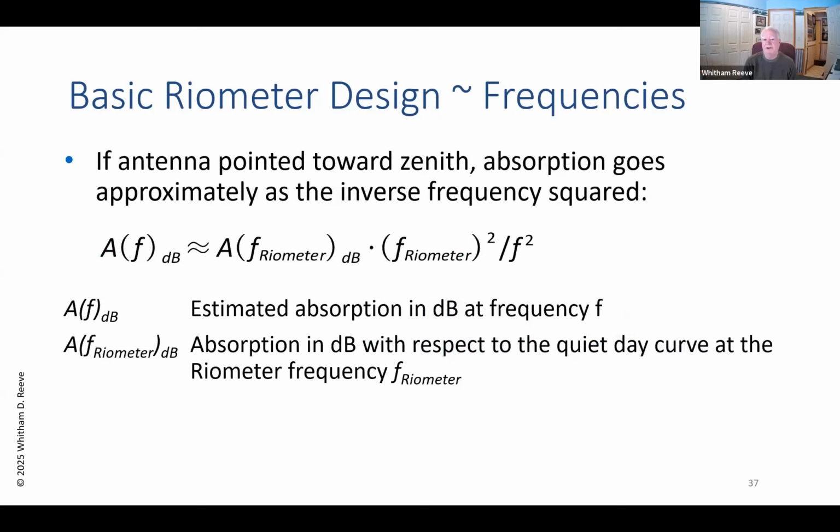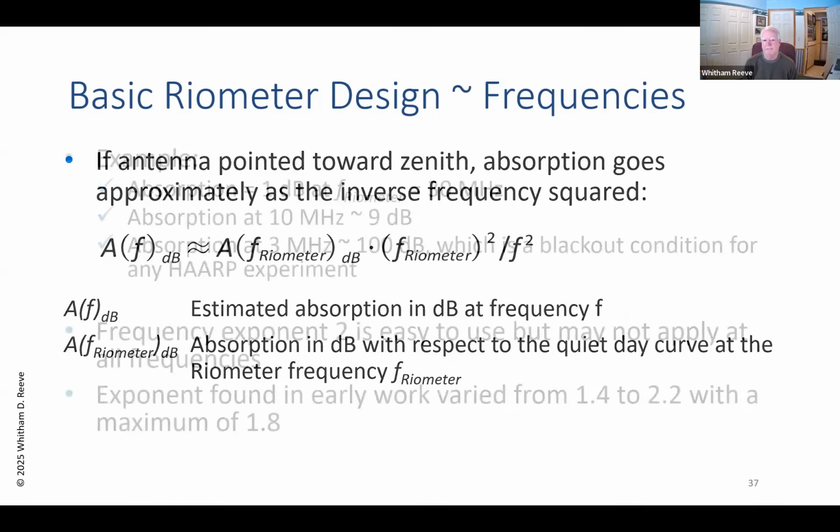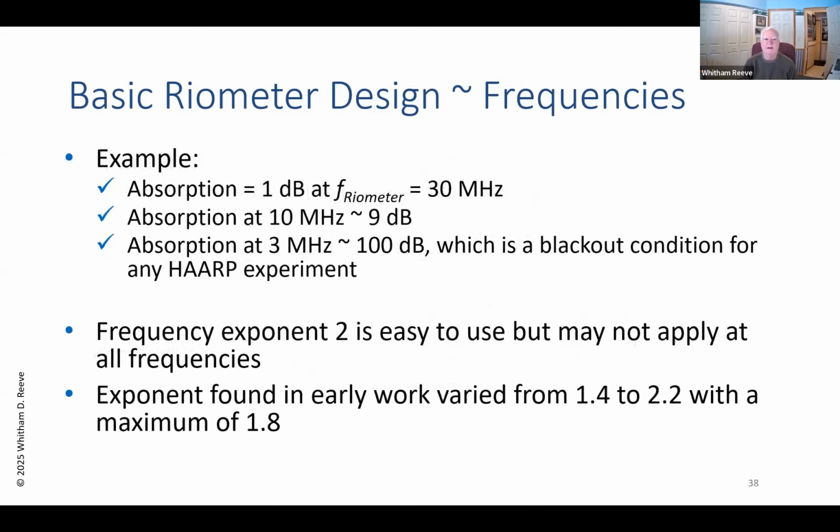And it's been found that the absorption goes approximately as the inverse frequency squared. So if we know what the riometer frequency is operating at, say 30 megahertz, and we know what the transmitter frequency we want to use, we can reduce that using this formula. It's not perfect, but it's a good working formula that we use pretty much every time.